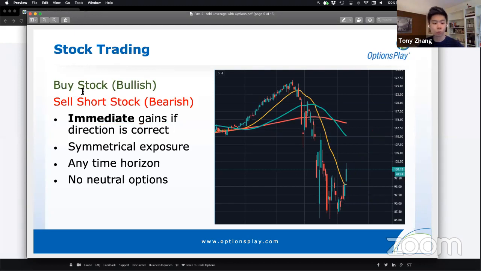And I would argue for many investors, short selling a stock is also a strategy that doesn't really fit into your portfolio. Maybe because you don't have a margin account, maybe because you don't want to take on the risk of having unlimited risk, so that if you are wrong and the stock goes higher, you truly have unlimited risk.